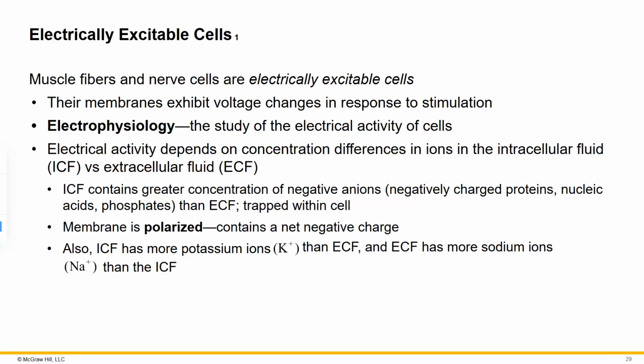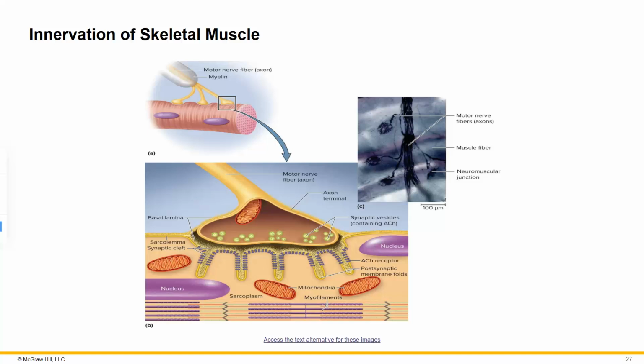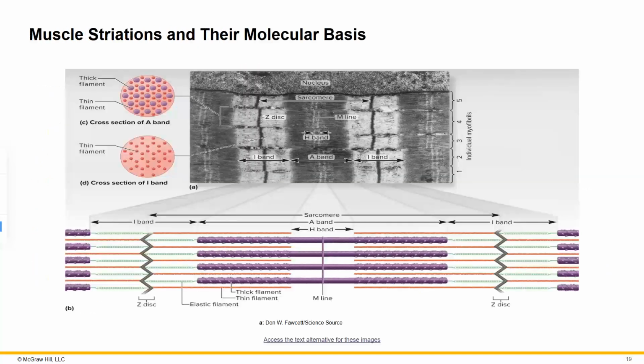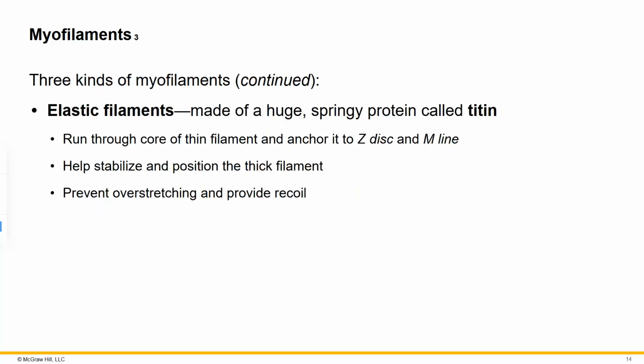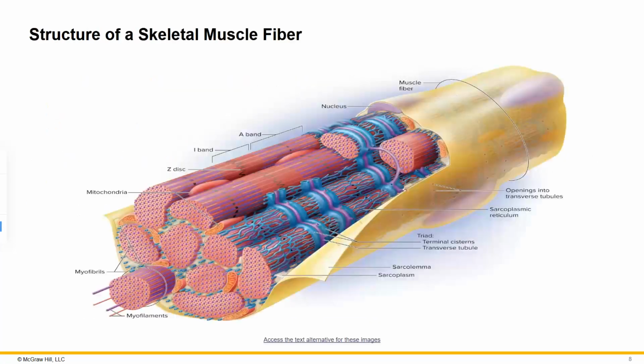So we're just setting the stage to give you an idea of where the contraction is going to happen. As an overview of where we're headed, if we go back to this picture, what happens is we have a nerve axon.